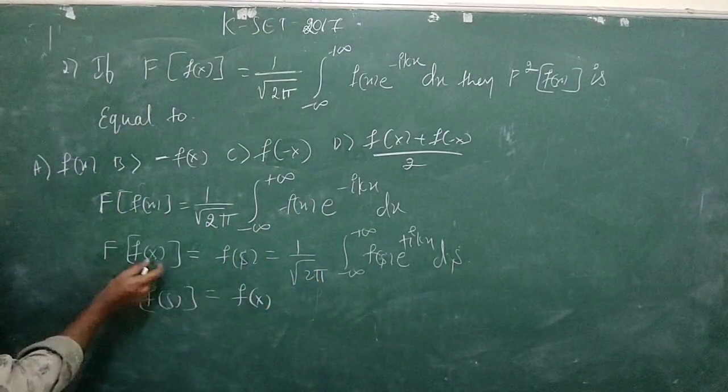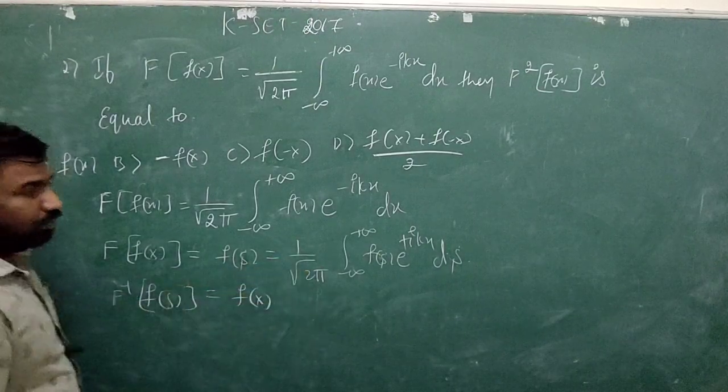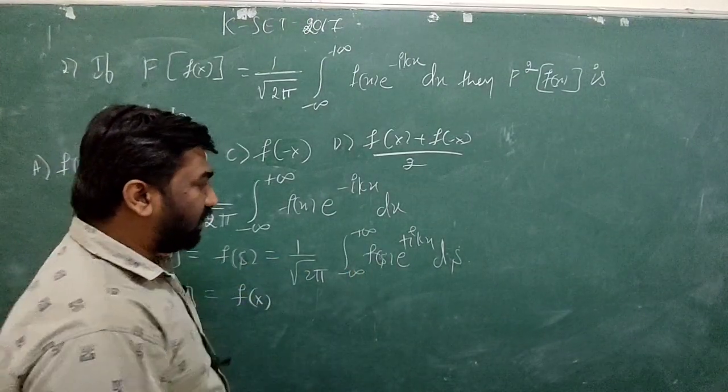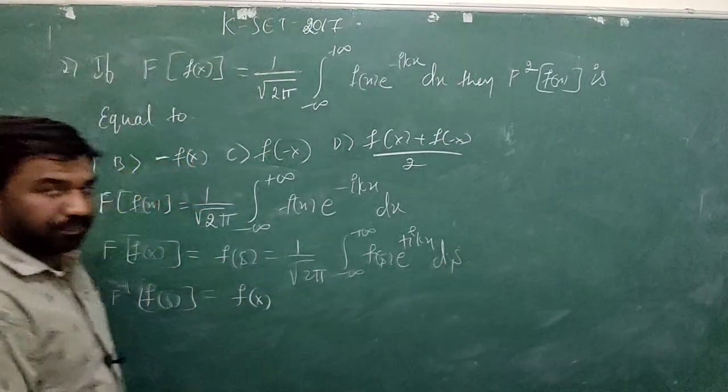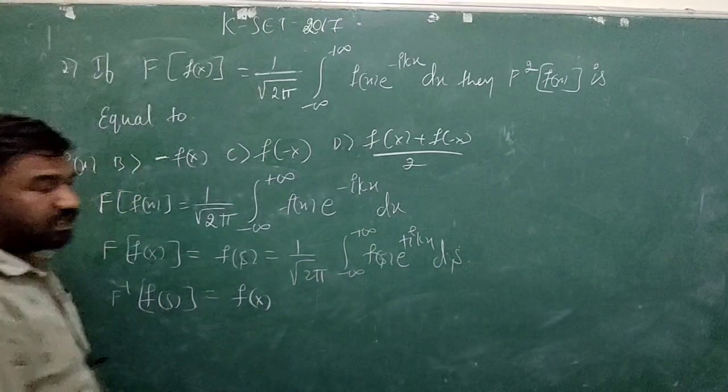This is the Fourier transformation of f of x. In place of x, I am writing s and ds.